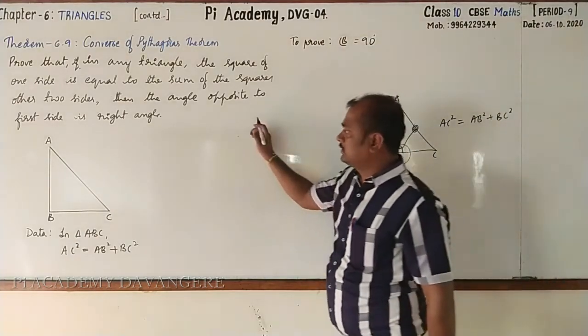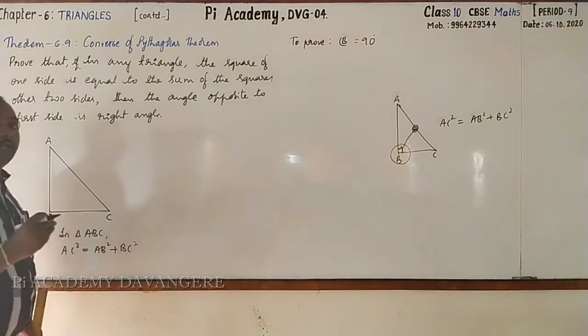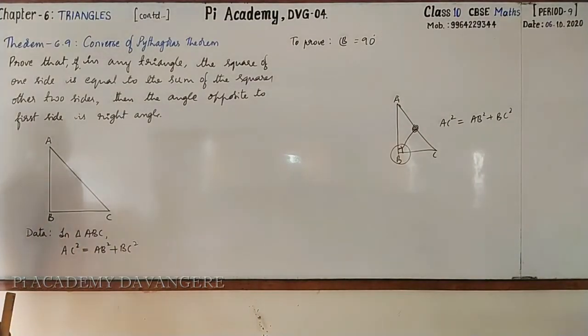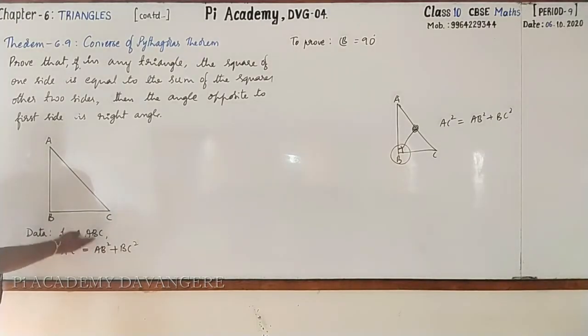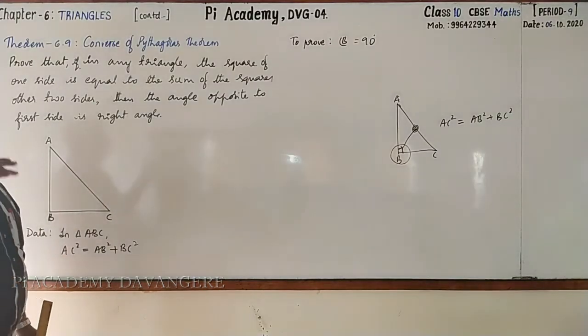Then how to prove this one? Logically, we need to go for construction. Actually, in a practical way, you can find out AB square plus BC square, and AC square, and then the angle opposite to the first side will be equal to 90 degree on measuring. But it should be proved logically.